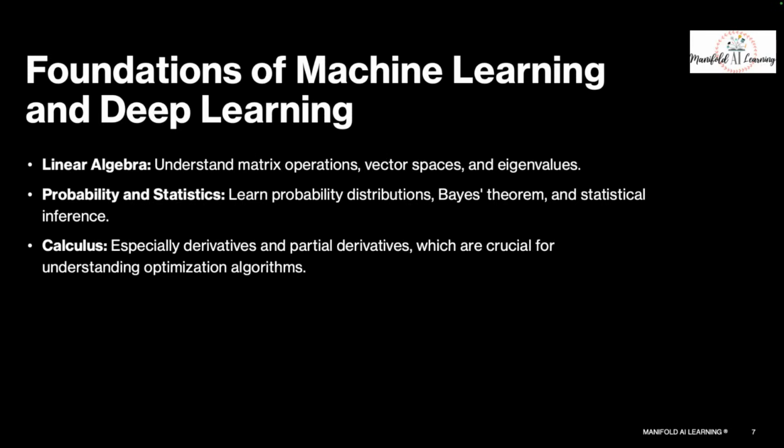You'll have an input in matrix format, and you will transform the matrix with the help of a vector, which is the same concept that you learned in high school. So you need to learn those fundamental aspects from the perspective of advanced AI applications. So understand matrix operations, vector spaces, eigenvalues and eigenvectors.